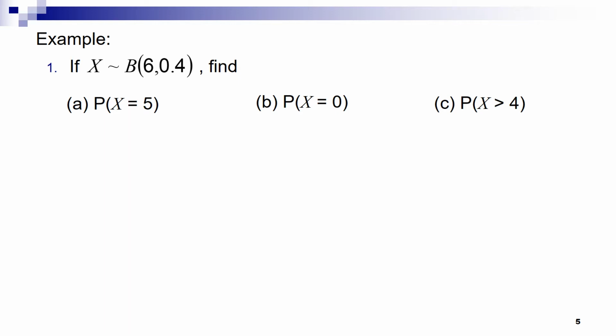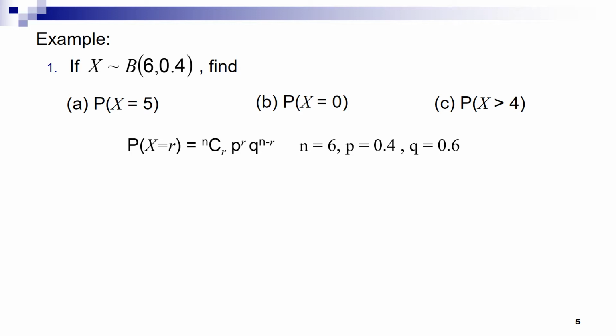So recall the formula. The probability of X equal r is nCr times p to the power of r, q to the power of n minus r. So your n here is 6, your p is 0.4, and your q is 0.6.